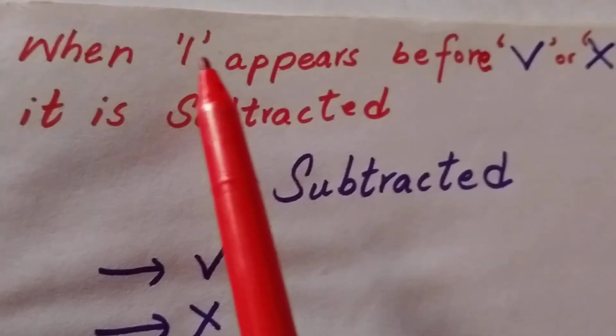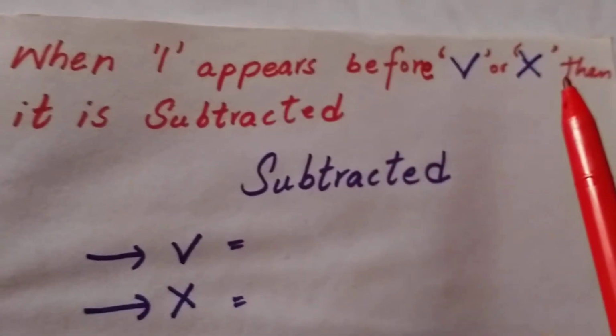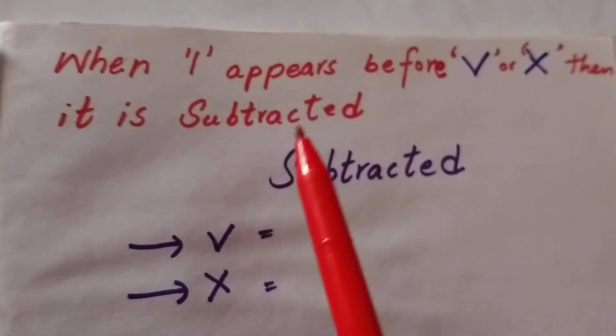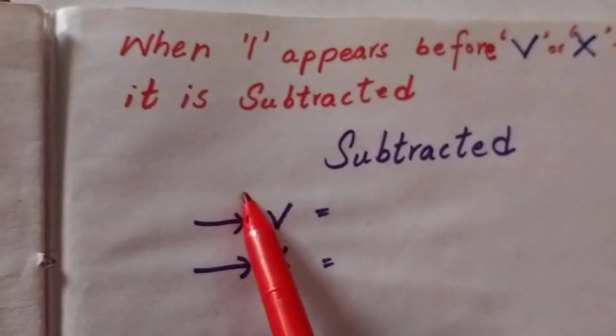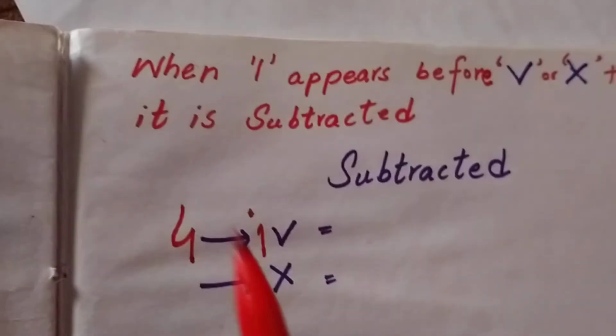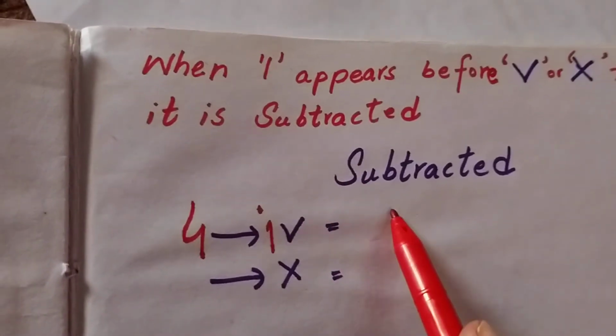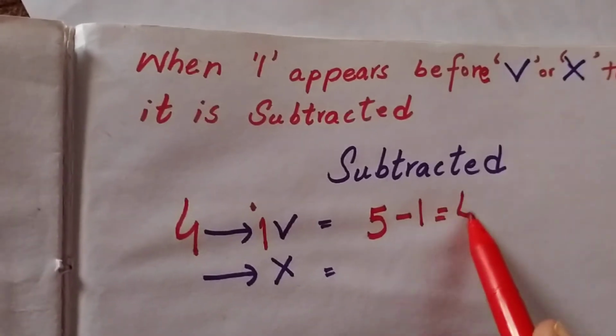When 1 appears before 5 or 10, then it is subtracted. When 1 appears before 5, it becomes 4. 5 minus 1 is equal to 4.